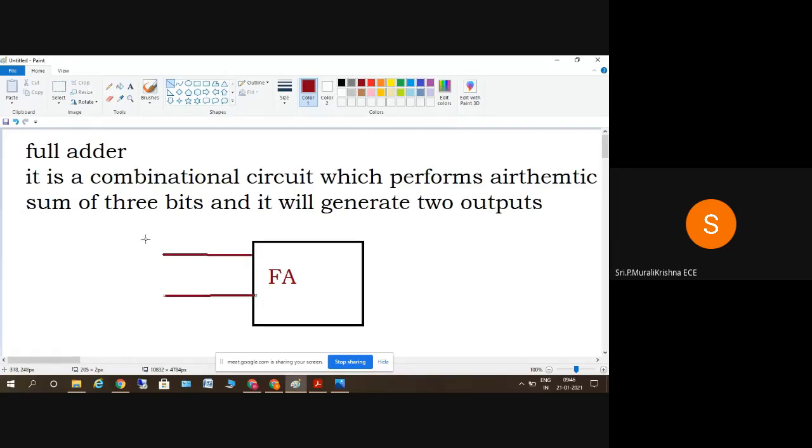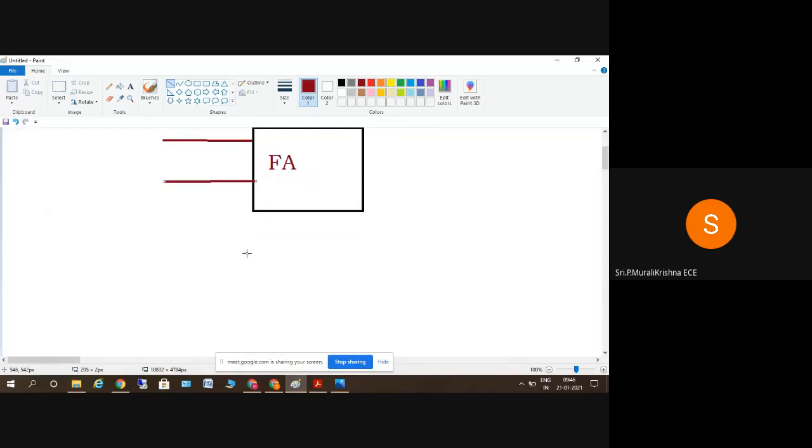X, Y are common, and the third input, which may be called the input carry, I'll call it Z simply. And 2 outputs. This is X, Y, Z. This is sum and this is carry.